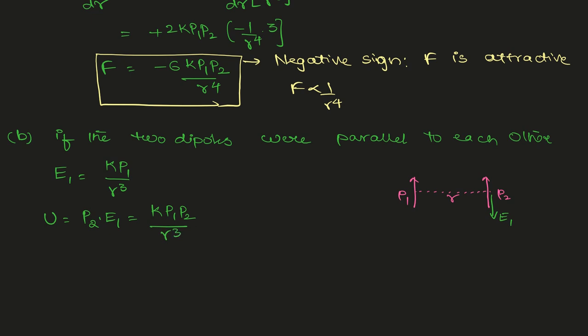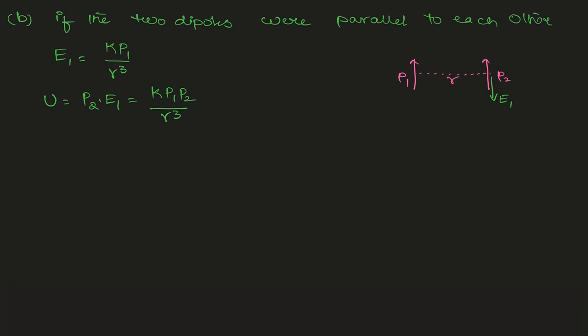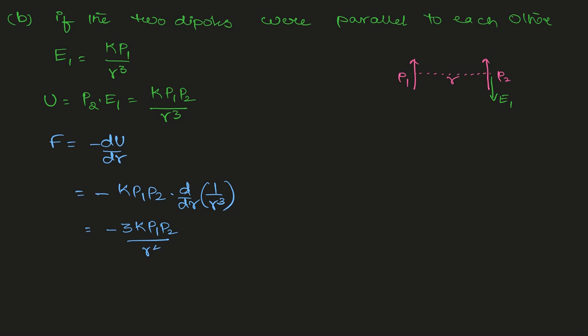Now the force will be like this: F is equal to minus dU by dr, so minus sign will be there, kP1P2 differentiation of 1 by r cube, it will be minus of minus, and we get minus 3kP1P2 by r power of 4, and another minus sign will be there, so it becomes plus.